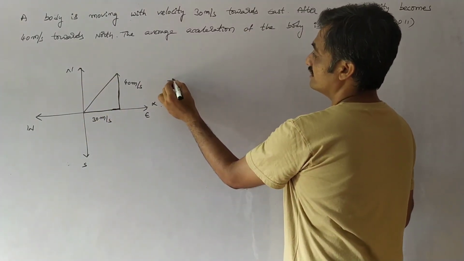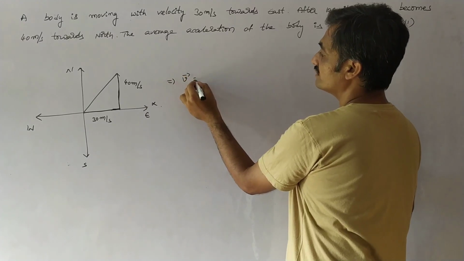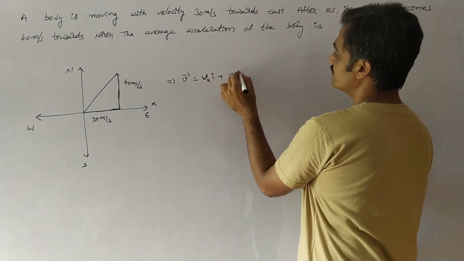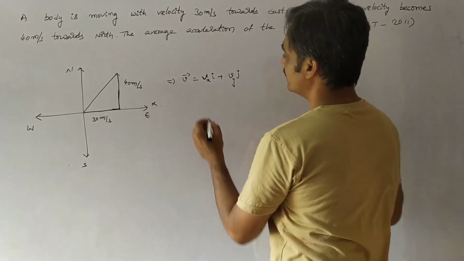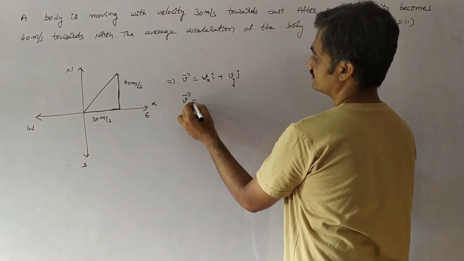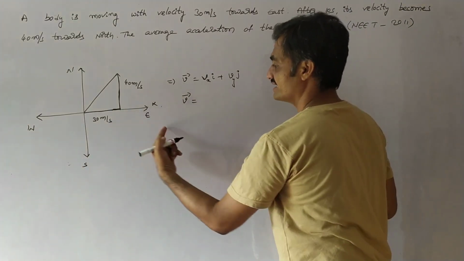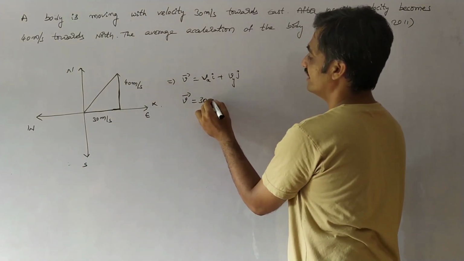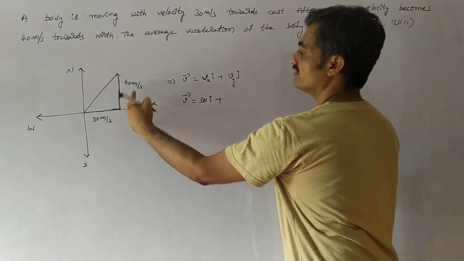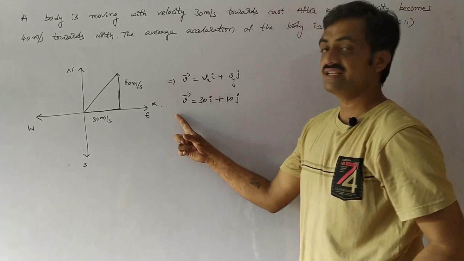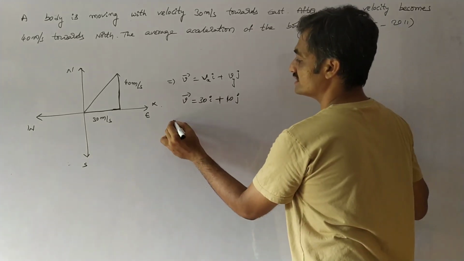The resultant velocity is given as v bar equals v suffix x i plus v suffix y j. So here v suffix x, the velocity along the x-axis, is 30 i, plus the velocity along the y-axis, 40 j. Now we have to find the resultant velocity's magnitude.